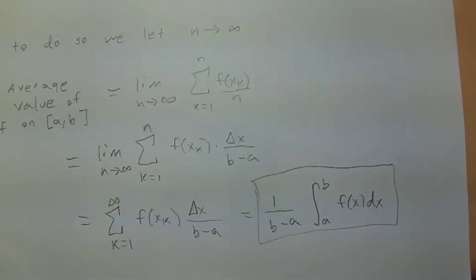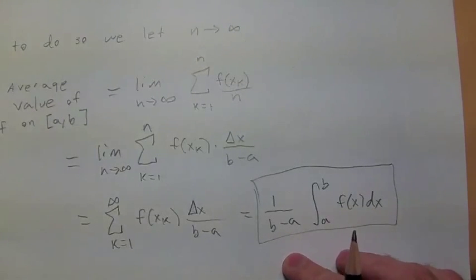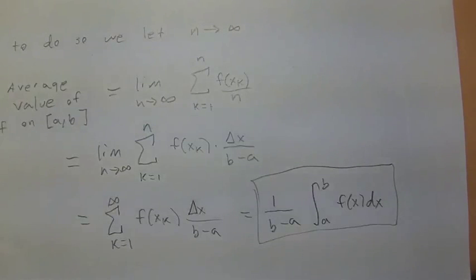So basically we're adding up an infinite number of f's and dividing it by infinity, essentially. All right, and when you're asked to find the average value, it's basically this simple. Okay, so let's look at a couple examples, but honestly, it's just calculating an integral. You're just going to multiply it by 1 over b minus a.